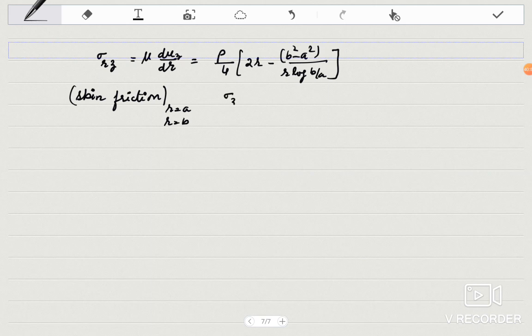That means σ_rz at r equal to a. So you just put r equal to a in this expression and get P upon 4, twice a minus (b² − a²) upon a log b upon a.